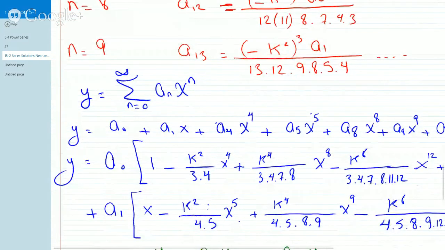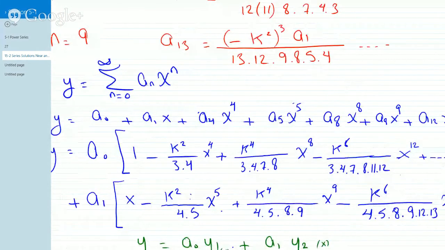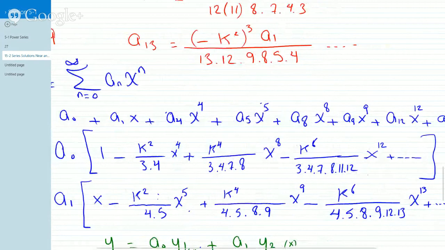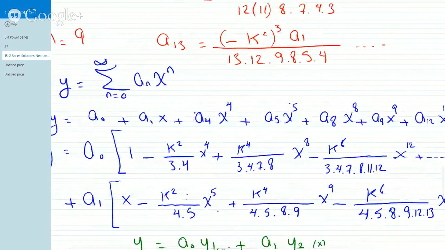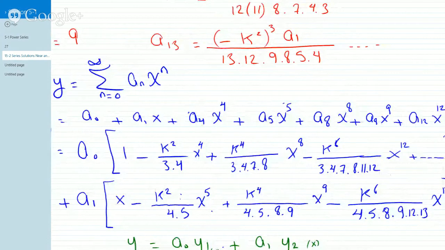So now we factored out the A of 0 because, like I said, half the terms will be in terms of A of 0, since we were able to express these coefficients as functions of A0. We factor out A0, we put everything in, and that would be y1. And then A1, same thing. The other half will be expressed in terms of A1. We factor out A1, we put everything in.